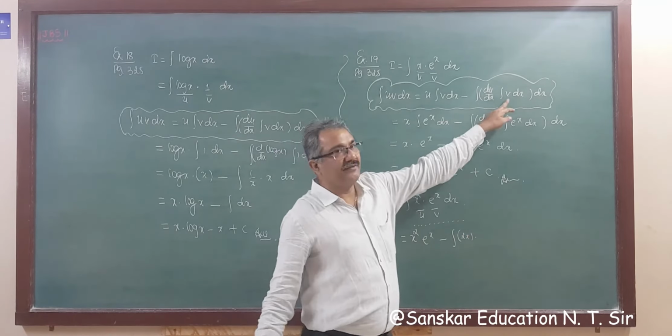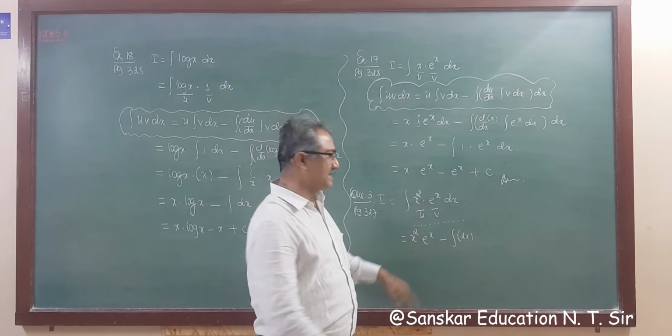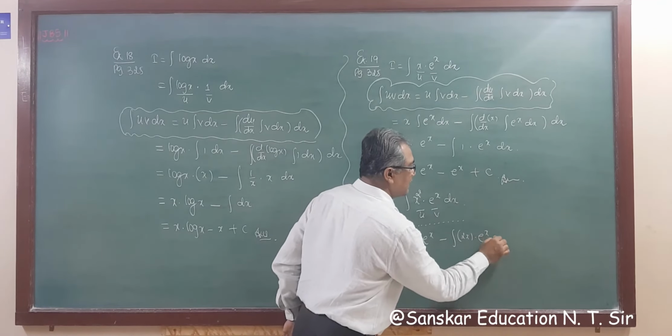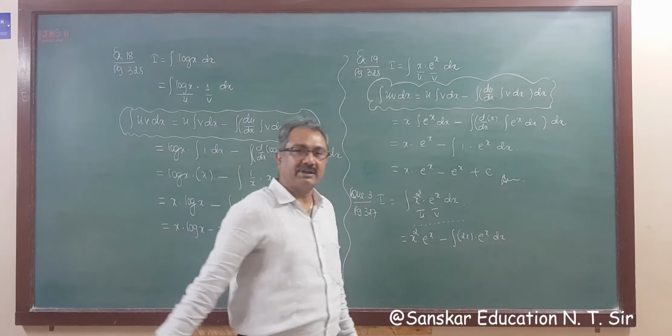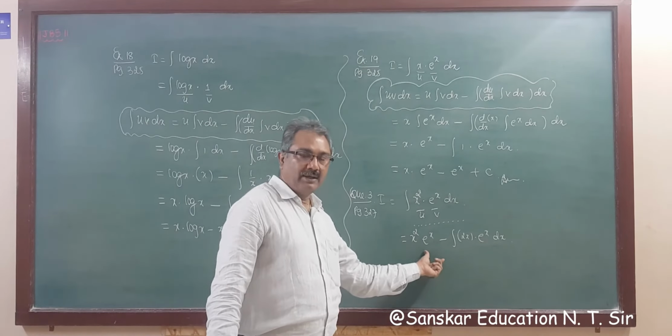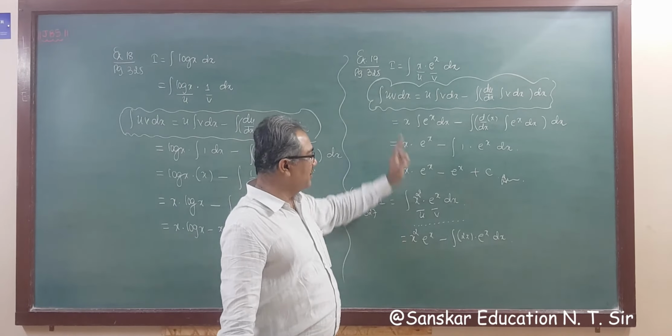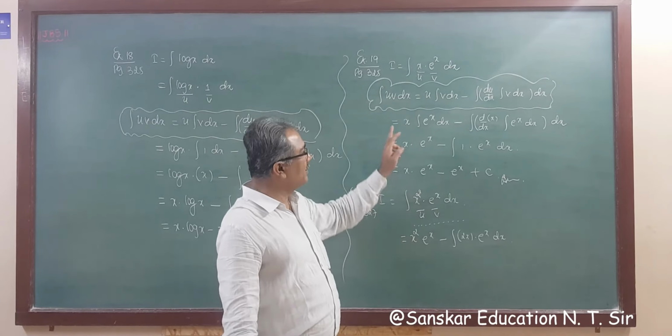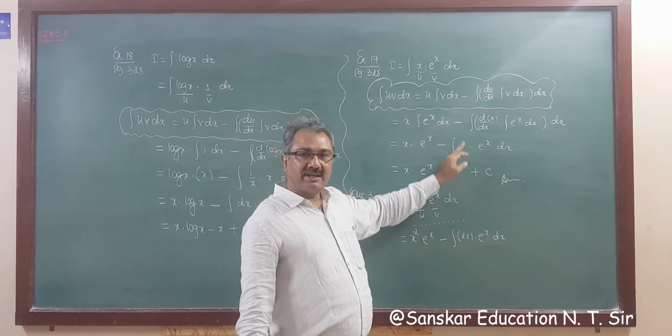And integration v dx, integration e raised to x dx, is e raised to x dx. Got it? If you are not able to write this step directly, if you write the formula, then you are able to write. Otherwise, you have to write this step first and then write this step.